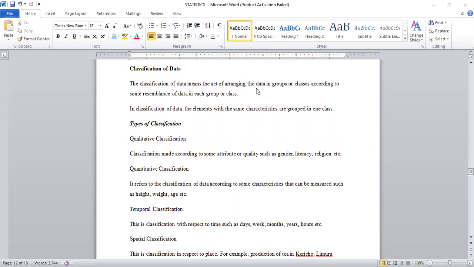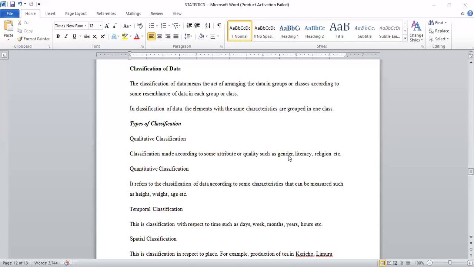So in this case, we have four types of classification of data. There is qualitative, where you classify according to the attributes or quality. Here we have gender, that is sex. A person can either be female or male.